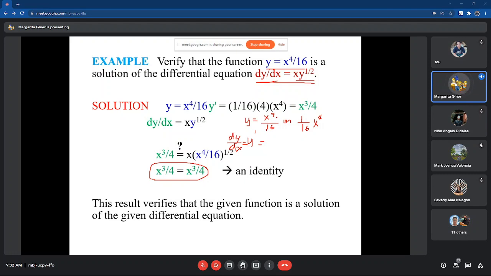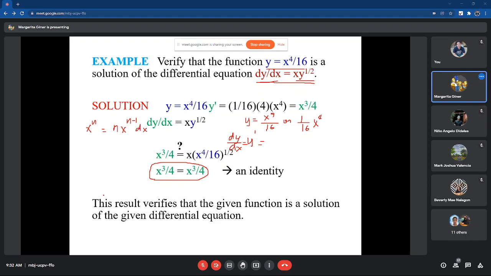So, what is the derivative of x to the fourth? If you have x raised to n, the derivative is n x raised to n minus 1, and then the dx.